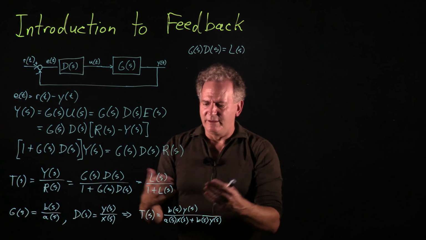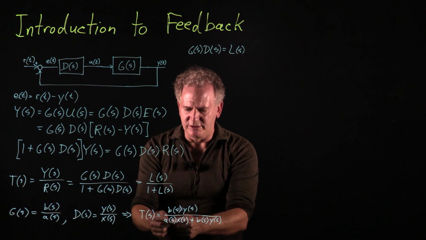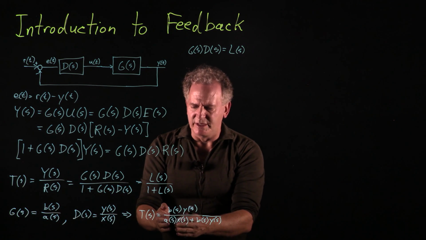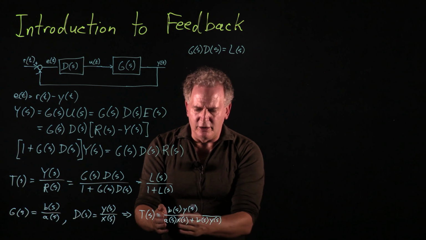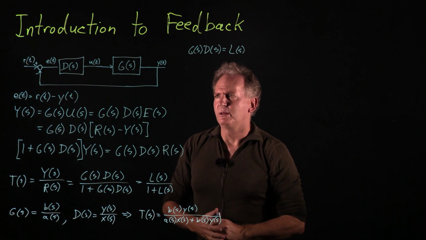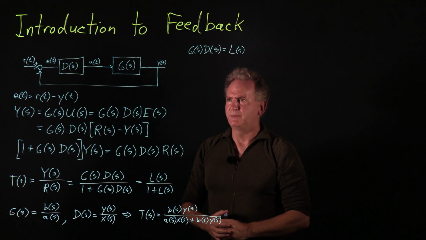So even though the roots of the denominator here, the roots of A(s), are possibly in the right half plane, the roots of the denominator here, A(s)X(s) plus B(s)Y(s), are swung over into the left half plane. That's what we're going to try to do by appropriate design of X(s) and Y(s).